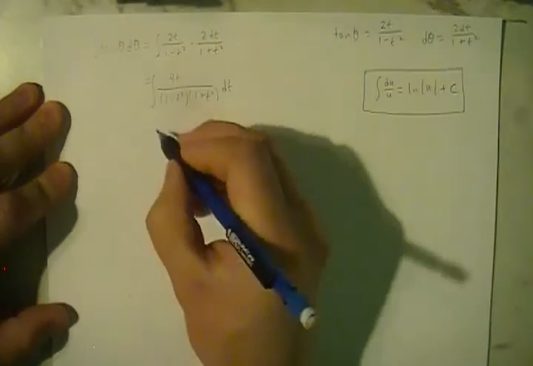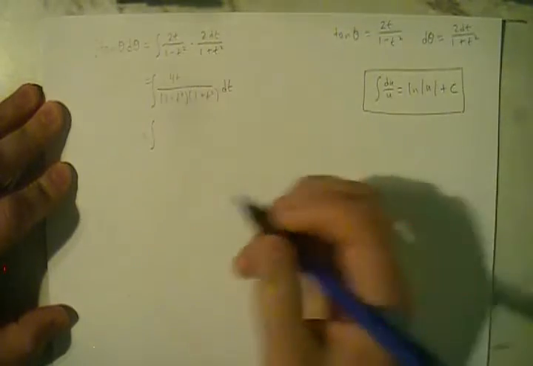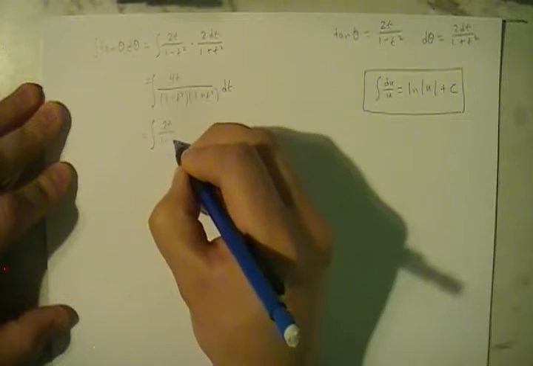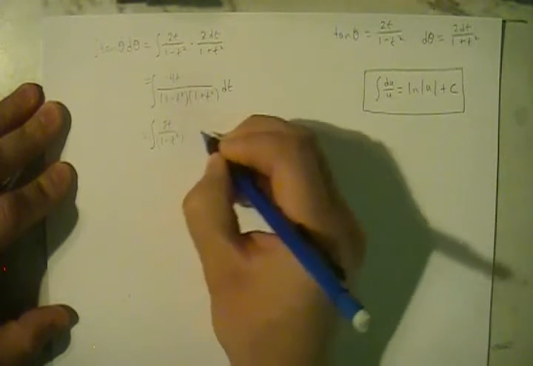Alright, so here it requires an algebraic technique of decomposing this rational function into two separate ones. I'm not going to show all that. I'm just going to skip ahead a little bit here and just write what it is.